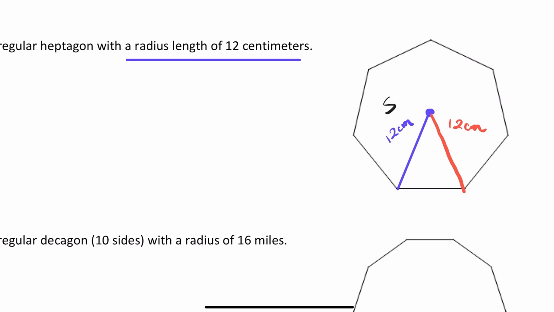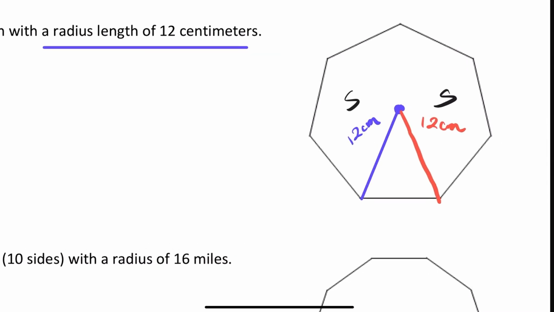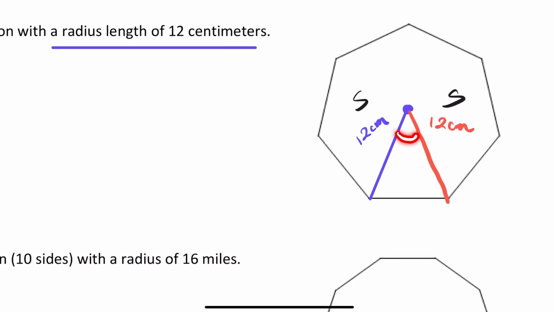I have my two S's, but the last thing that's missing here is my included angle. And so remember, to find this angle right here, this is called your central angle. And to find your central angle, you're going to take 360 and divide it by the number of sides. And so we have a heptagon.